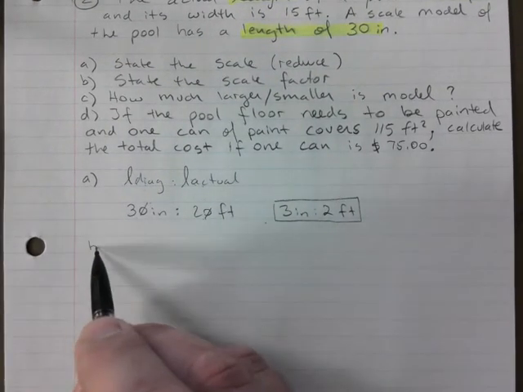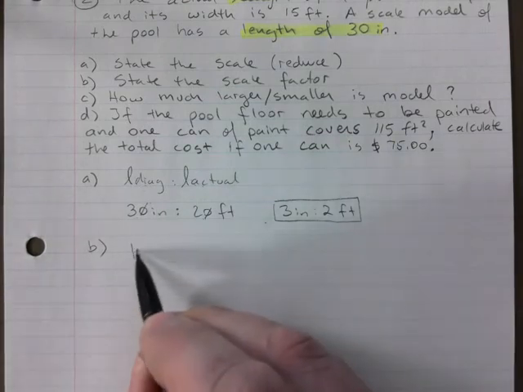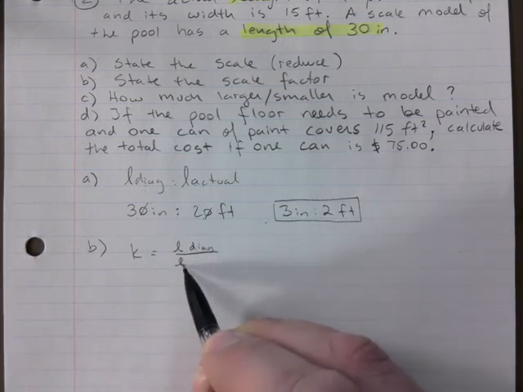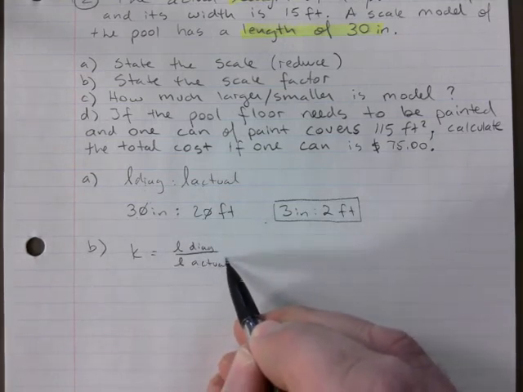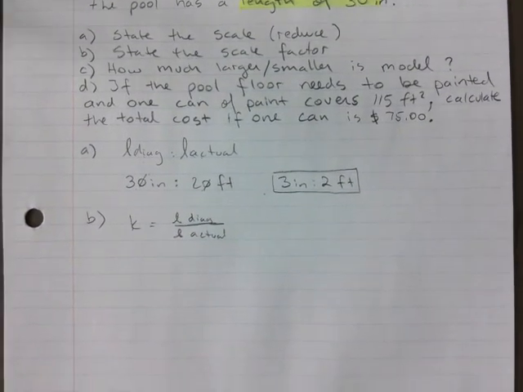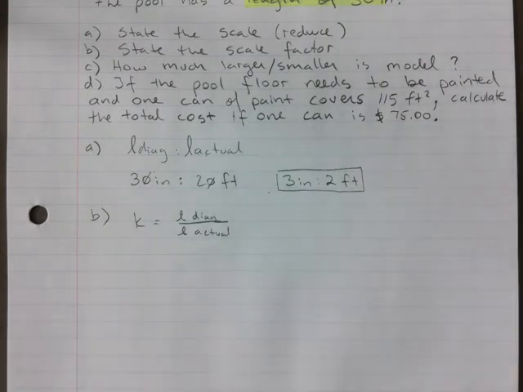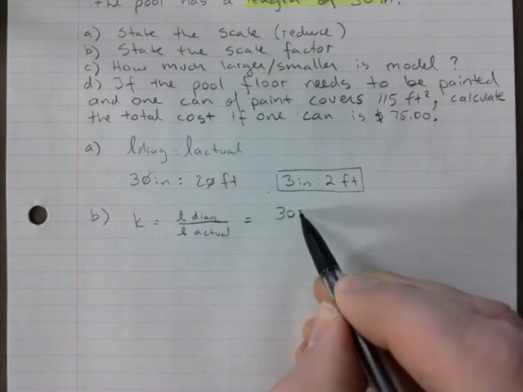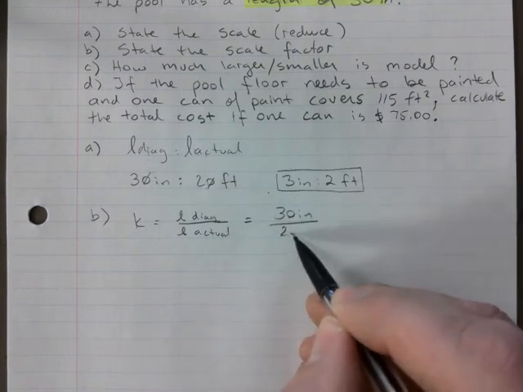And for B, scale factor, again, length of diagram, length of actual. I'm specifically referring to the lengths. I know that the formula just says diagram actual, but it actually needs to be the same corresponding side. You can't just take the width here and compare it to the length of the other one. It doesn't work that way. Okay, so length of diagram is 30 inches. Actual is 20 feet.